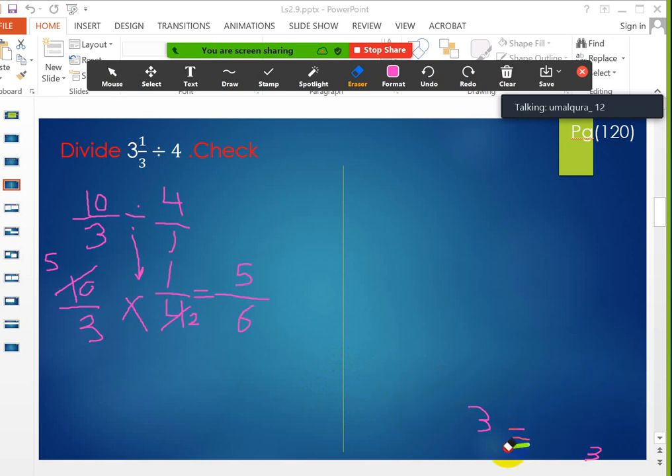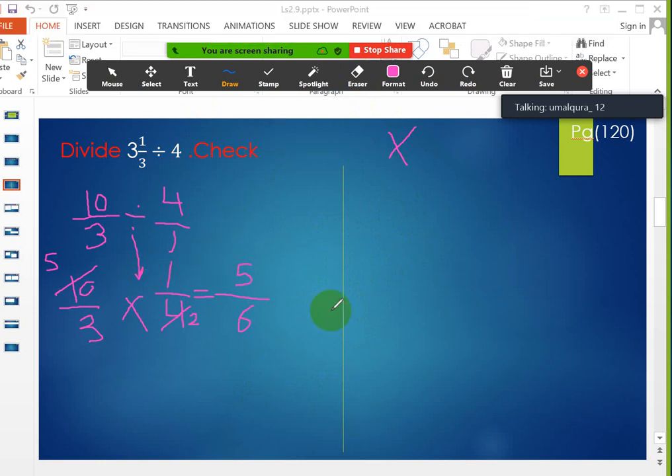Now he told me that you have to check your answer. So in division, how will I check if my answer is correct or not? You know that to check the division you have to use the inverse operation for division. The inverse operation for division is what? Multiplication. So I will use the inverse operation to check if my quotient is correct or not.